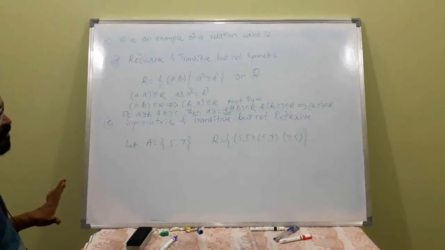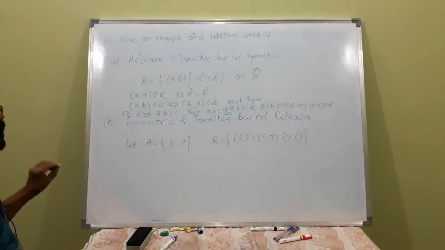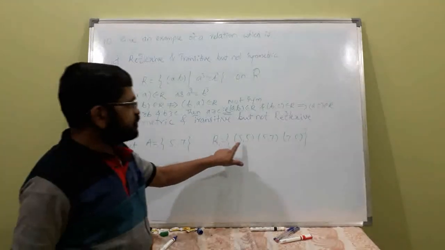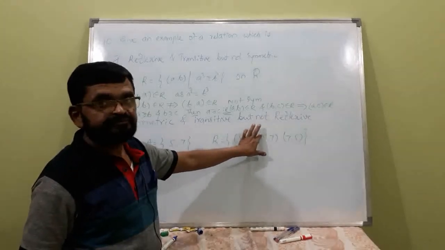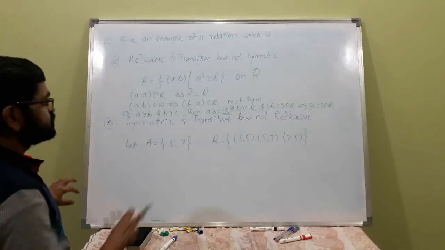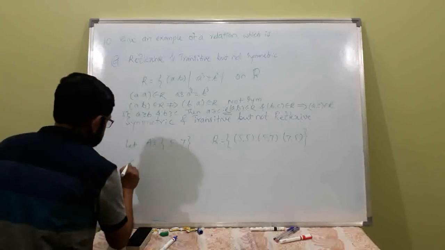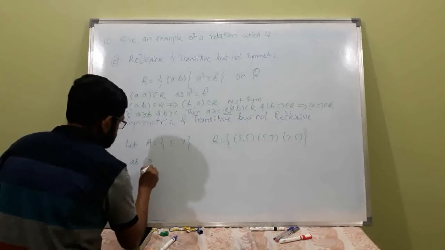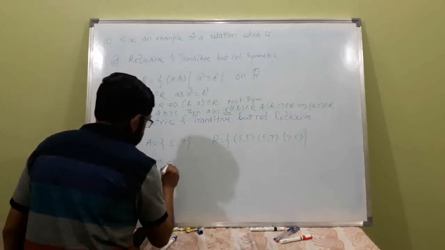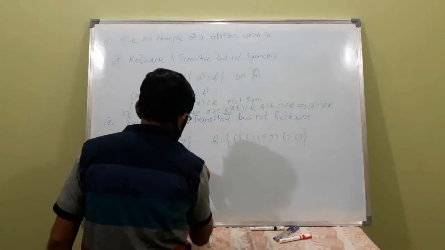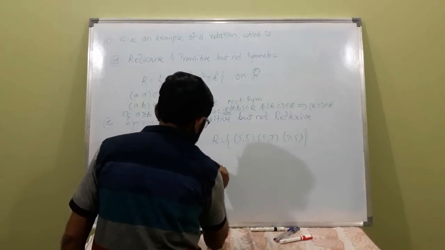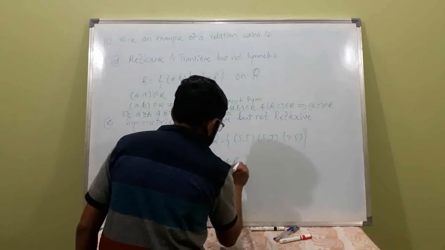By observing, you clearly come to know that (7, 7) is not here, so it cannot be reflexive, as (7, 7) does not belong to R. It is not reflexive.